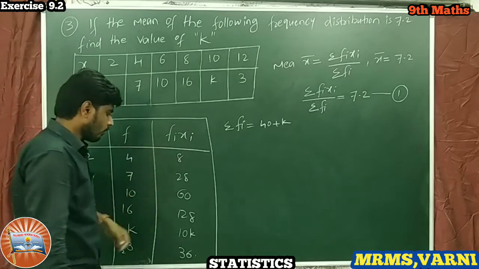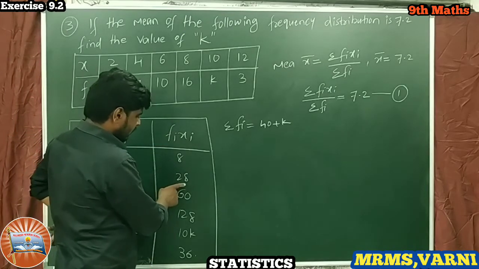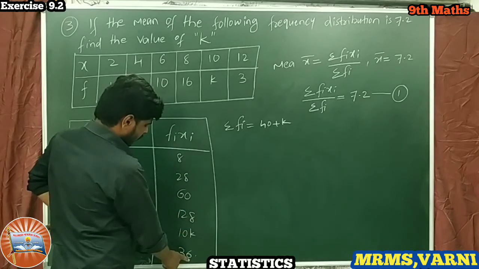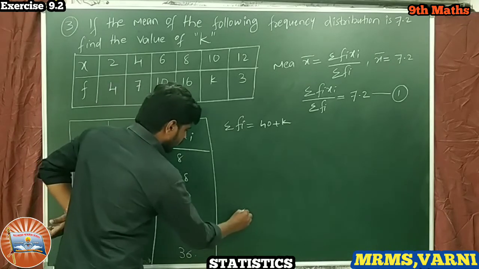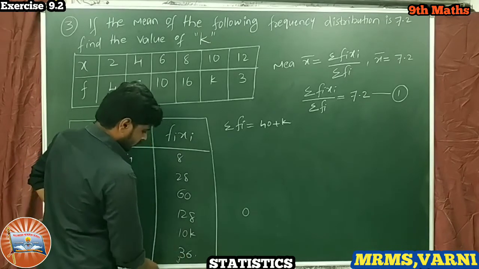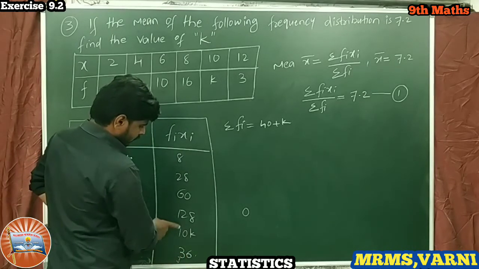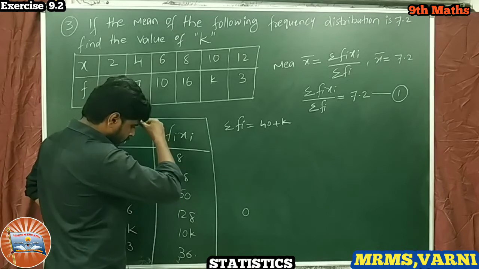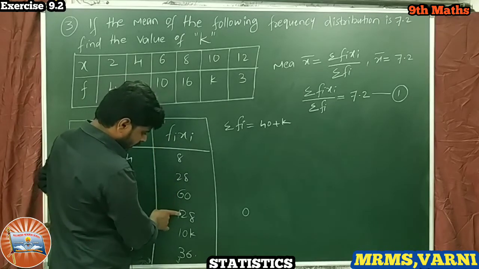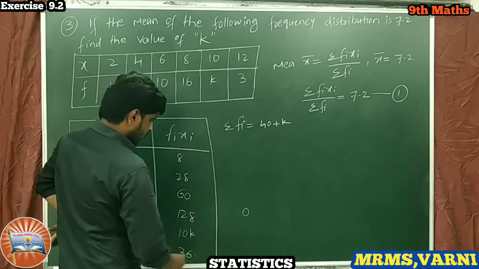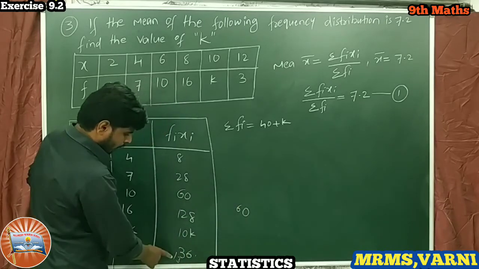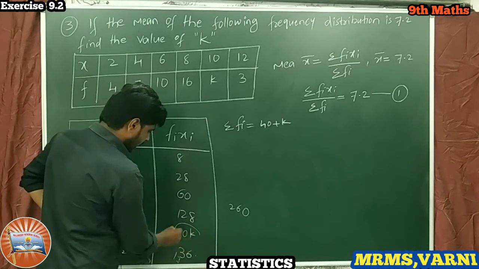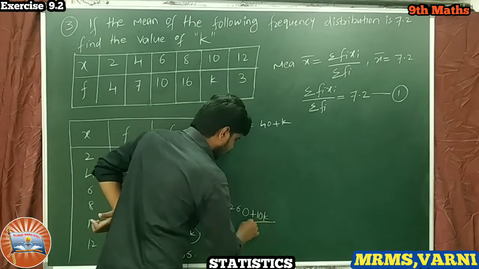Let's come to here. So 8 plus 28 is 36, 36 plus 60 is 96, 96 plus 128 is 224, 224 plus 36 is 260, plus this 10k.